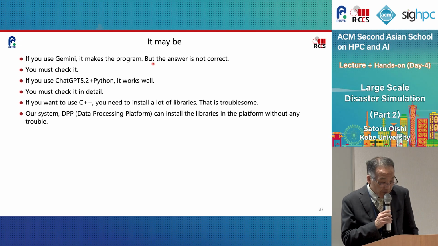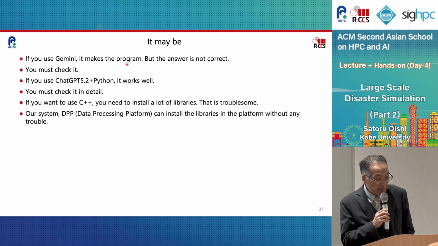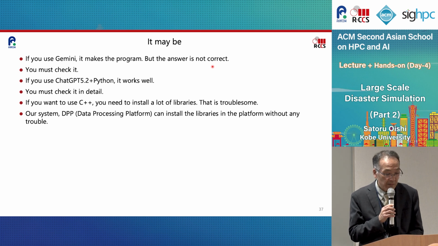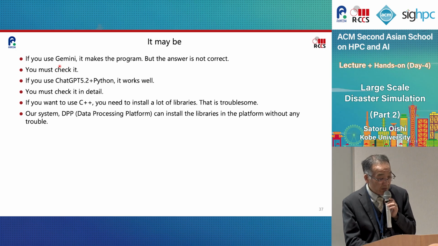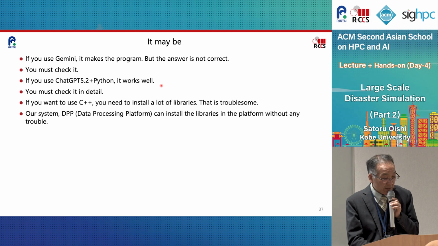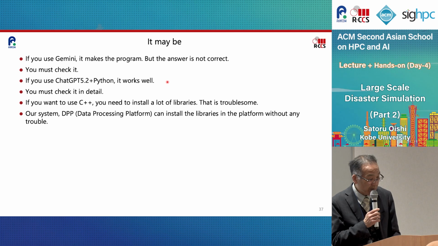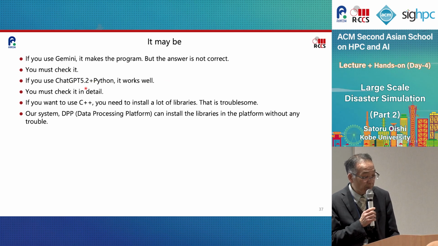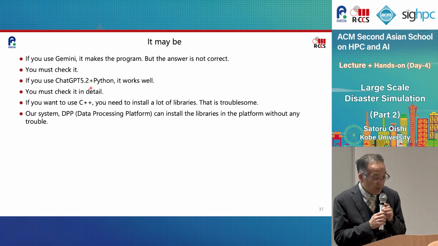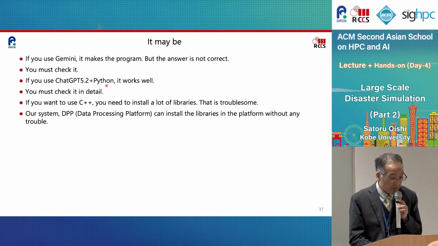If you use Gemini, it makes the program, but the answer is not correct. I tested it, and Gemini still gives the wrong answer. ChatGPT 5.2 plus Python works well, but ChatGPT 5.2 plus C++ doesn't work well. I'm not sure of the reason why.